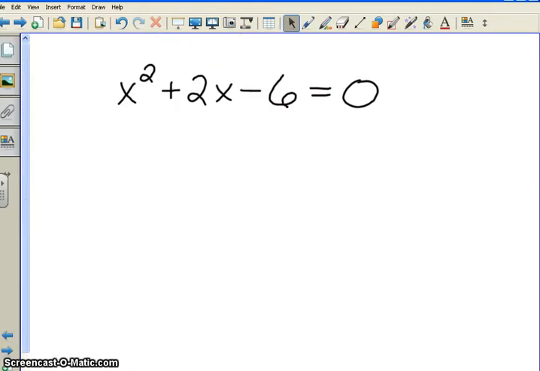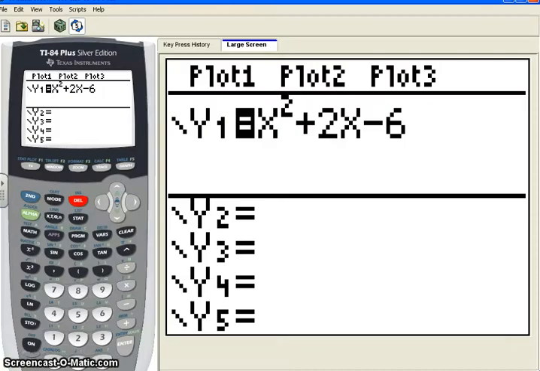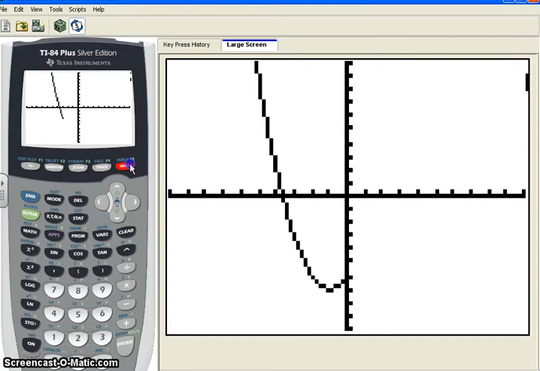Let's look at this function. Here's the graph of this function. And notice this has real roots. It crosses the x-axis in two different spots. But we can still use the quadratic formula to figure out those roots.